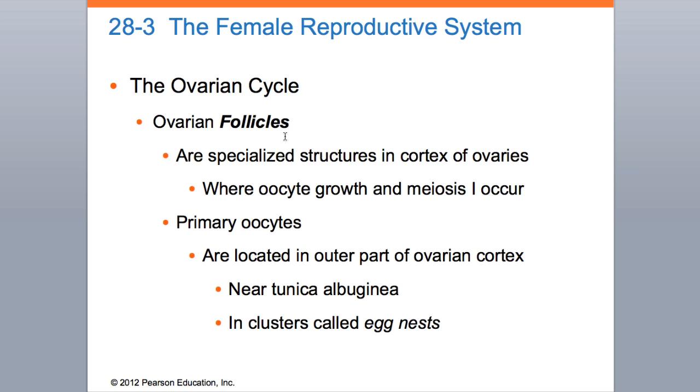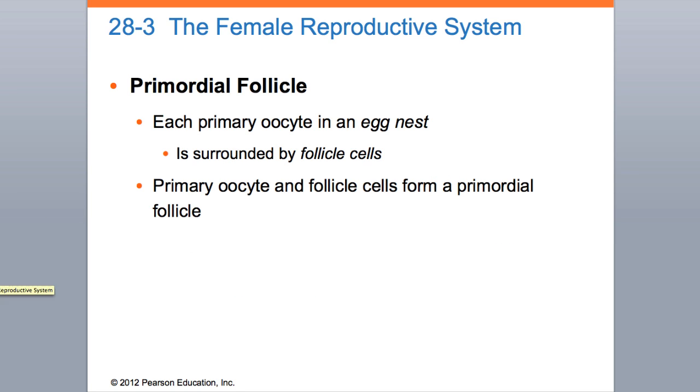Don't care too much about this picture. Now, I call it primordial each time, but you can call it primary oocyte as well. So primordial follicle, primary oocyte, and I'll be using that term in a moment.